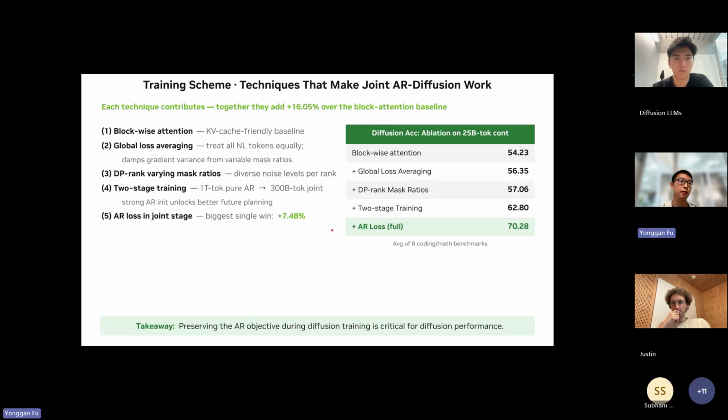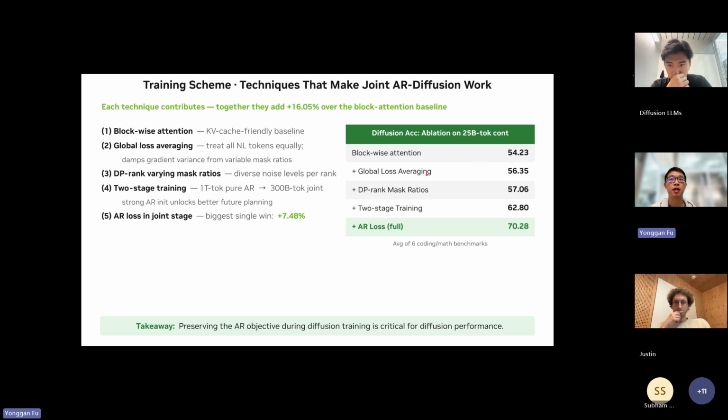Yeah, and let's see some results. Let's first focus on the diffusion accuracy. The baseline is a vanilla block-wise attention pattern. On average, this is during pre-training, we average over 6 coding and math tasks.